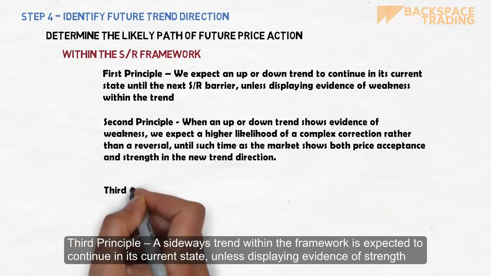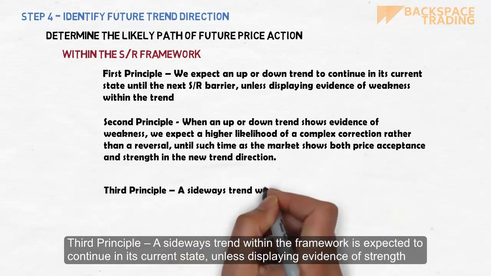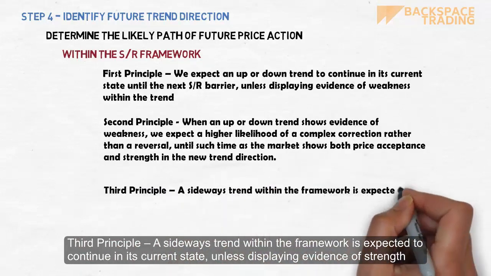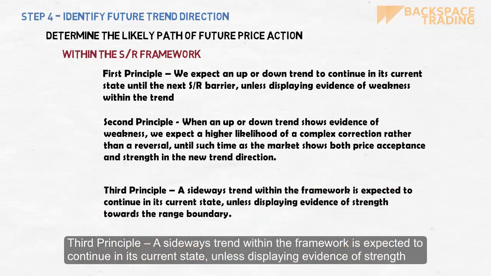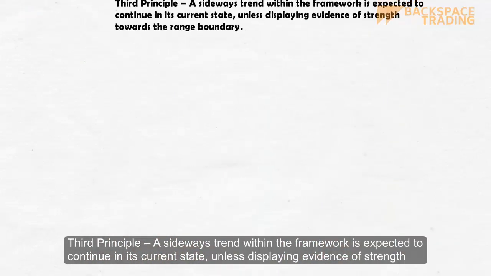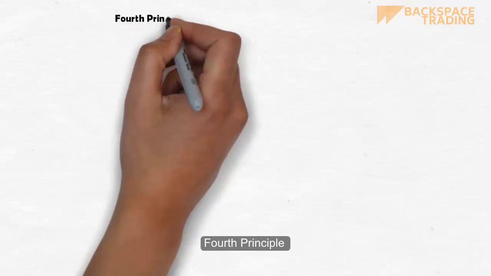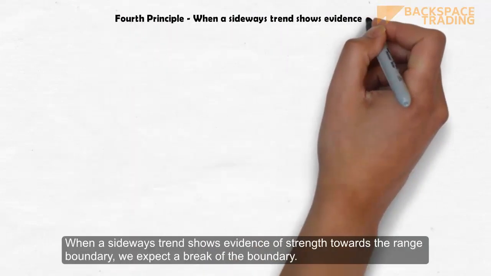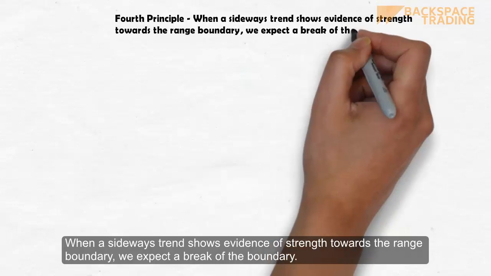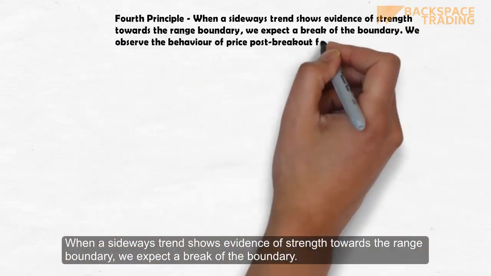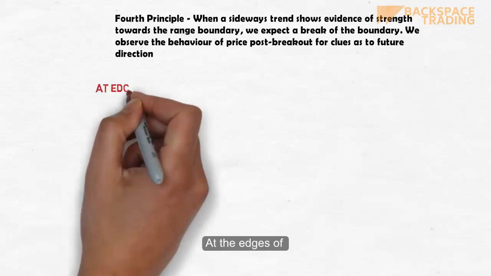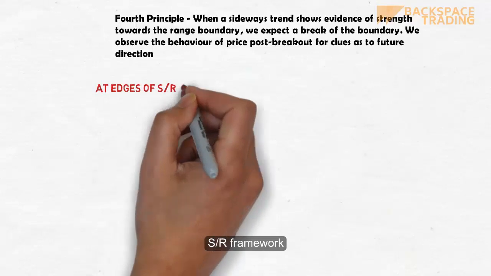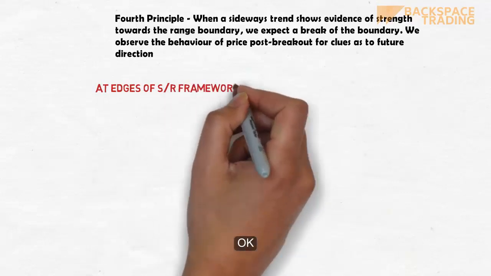The third principle states a sideways trend within the framework is expected to continue in its current state unless displaying evidence of strength. The fourth principle states that when a sideways trend shows evidence of strength towards the range boundary, we expect a break of the boundary. Now, here comes the edges of the framework.